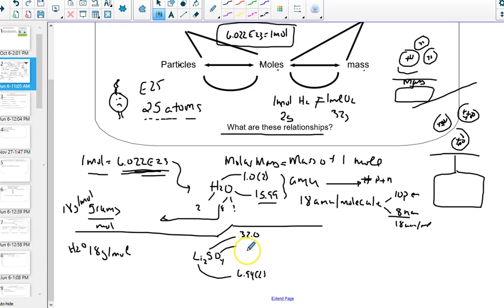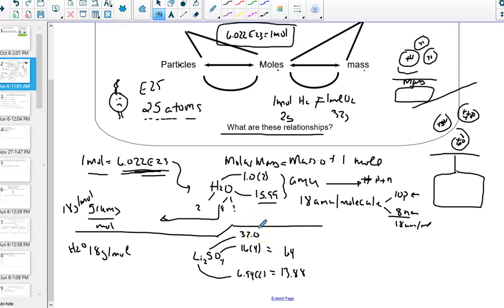And then we have the oxygen, which is going to be 15.9 or 16 times 4. And I simply start adding all of these things up. All right, so we got 6.94 times 2 is 13.88. 16 times 4 equals 64.